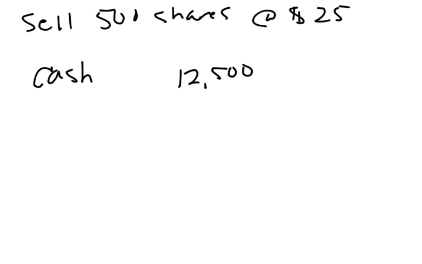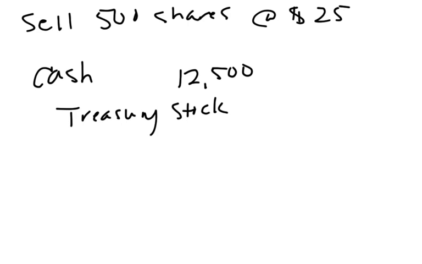So we debit or increase cash. Now, we sold treasury stock, so we're going to decrease that treasury stock account. So we're going to credit it. But we have to be careful. We're doing the cost method for this. We recorded it at what it cost me, so we increase that account for the cost of it.